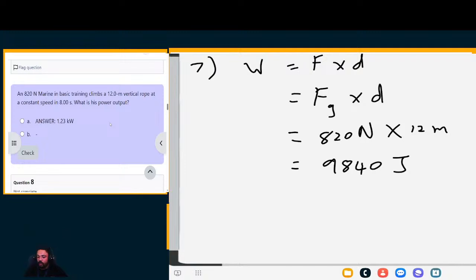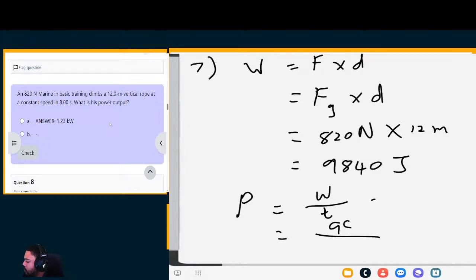9,840 joules of work. Okay. Now, what is his power output? What is power? Power is the work per unit time. In this case, it will be the work of 9,840 joules divided by 8 seconds, and that gives you a power output of 1.23 kilowatts.